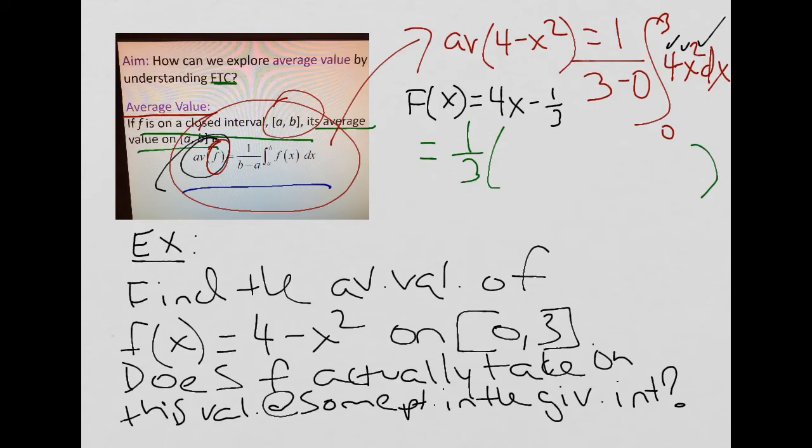So if that's the case, we need the 1/3 x cubed, okay? Again, now take a look at what we just wrote for F of x. If you take its derivative, okay, we would get 4 minus x squared.